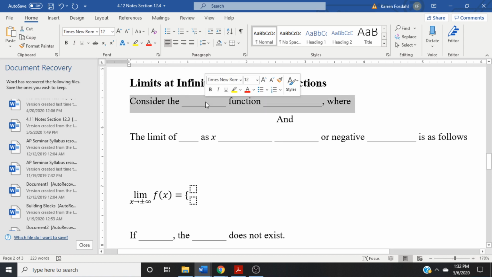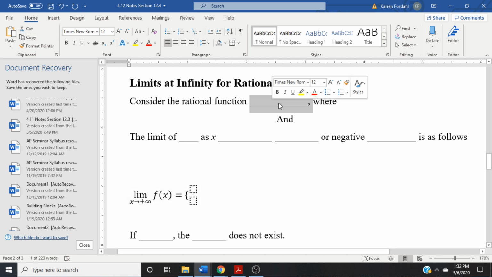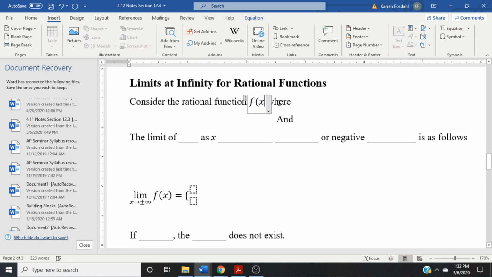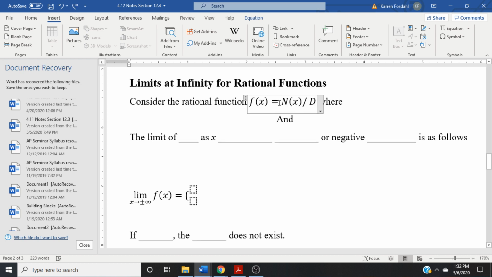Okay, consider the rational function f of x equals n of x divided by d of x.